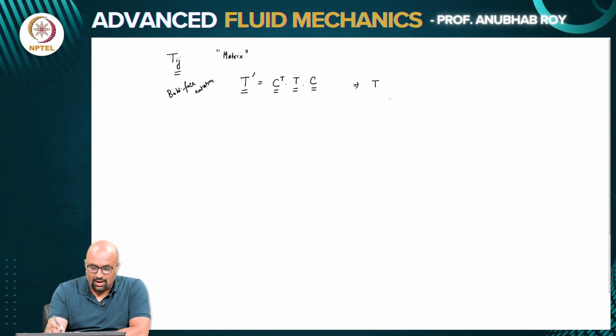If you write this out explicitly, for the transformed object, if I am interested in its ijth component, let us do this carefully. This would be the transpose ik, then k, it is a dot product. Every time we have a dot product, it can be written in this manner, and the next one will be mj.